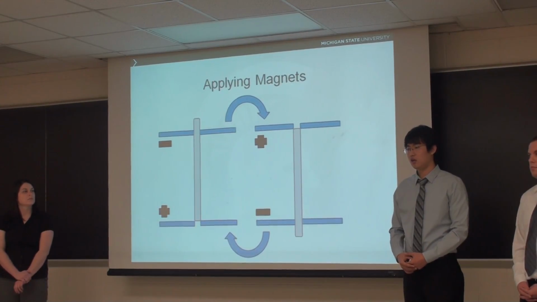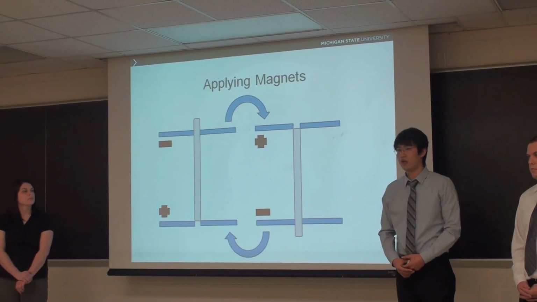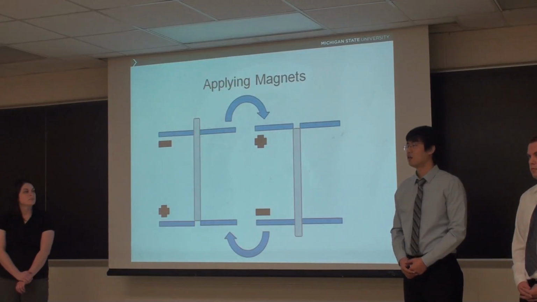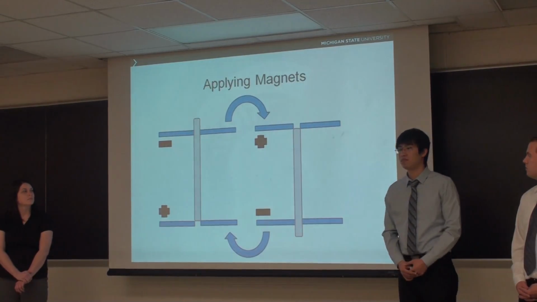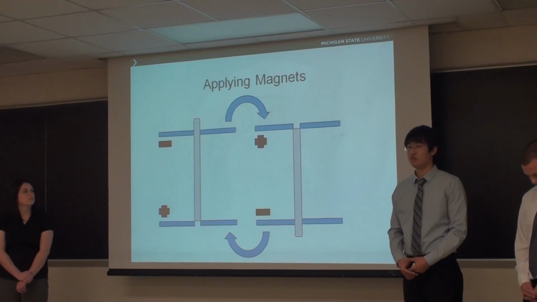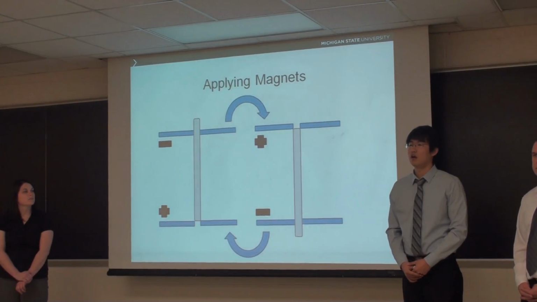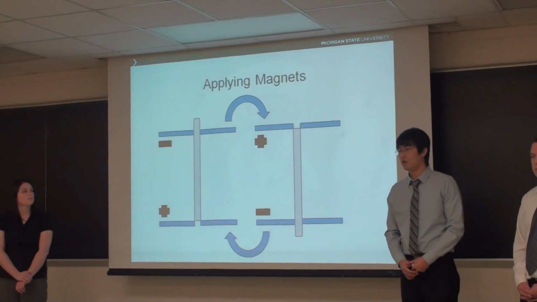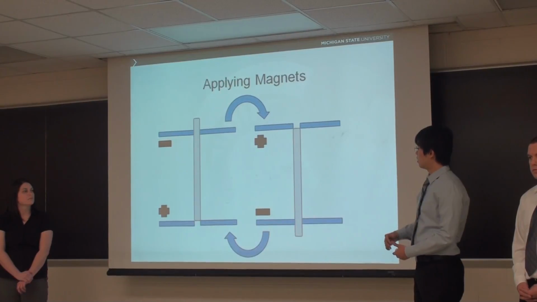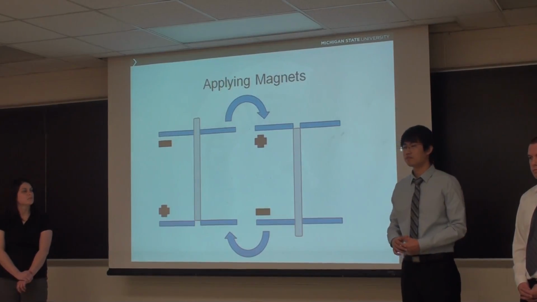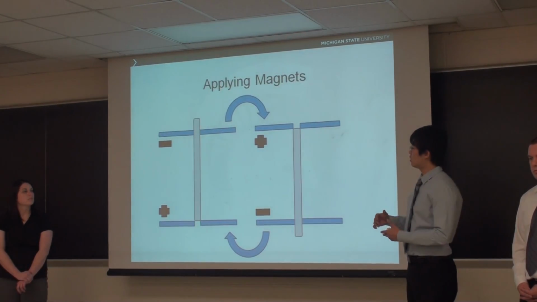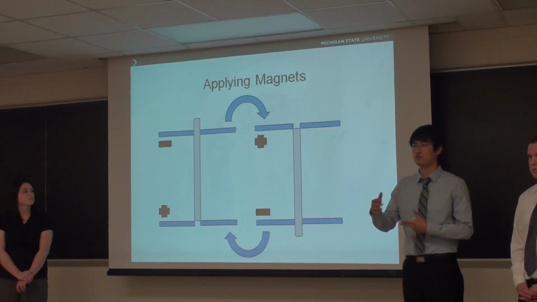By reversing the current in the solenoid, we were able to reverse the polarity. The reversing of the polarity is what caused the pins to move up and down.